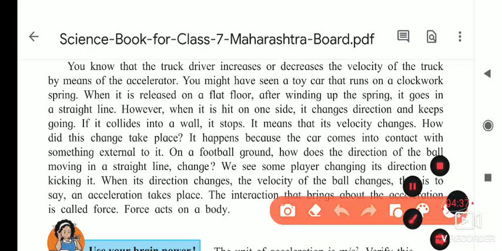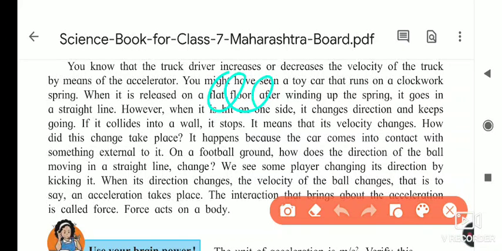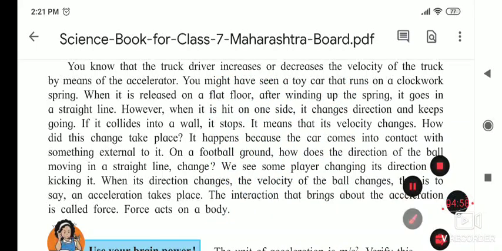When it is released on a flat floor, the windings of the spring relax, and it goes in a straight line.